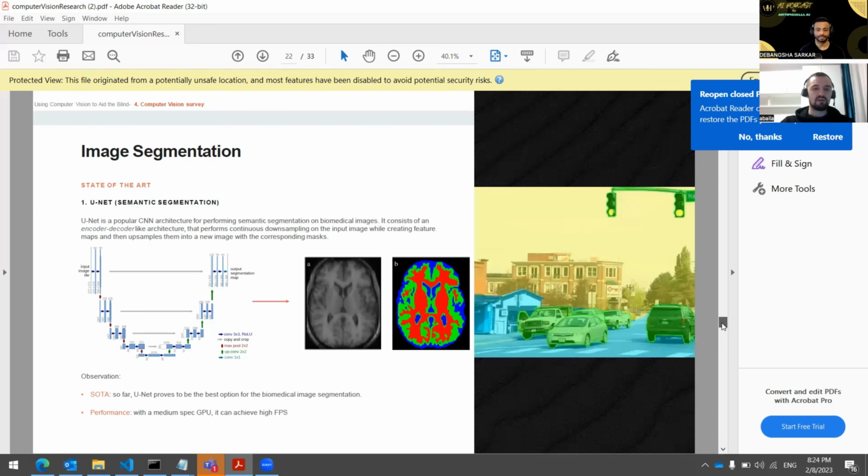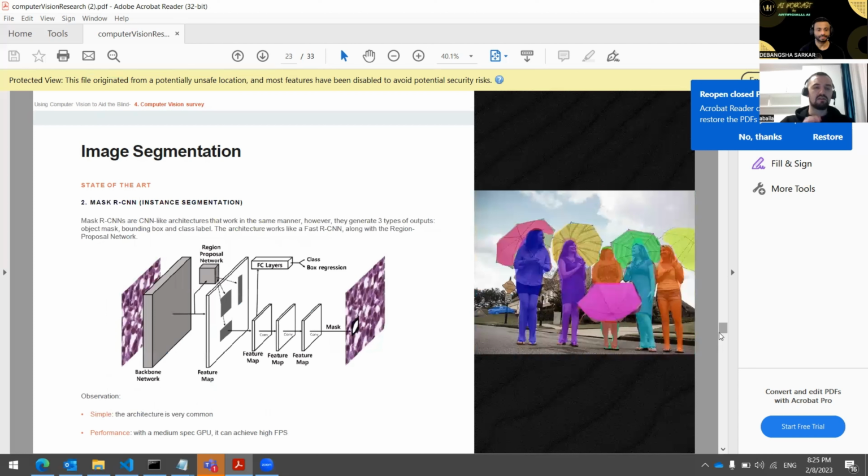Right. And then instance segmentation. As I mentioned, the difference is basically that instance segmentation is like differentiating between two sheep that look exactly the same. One's an instance of a class and the other is another one.